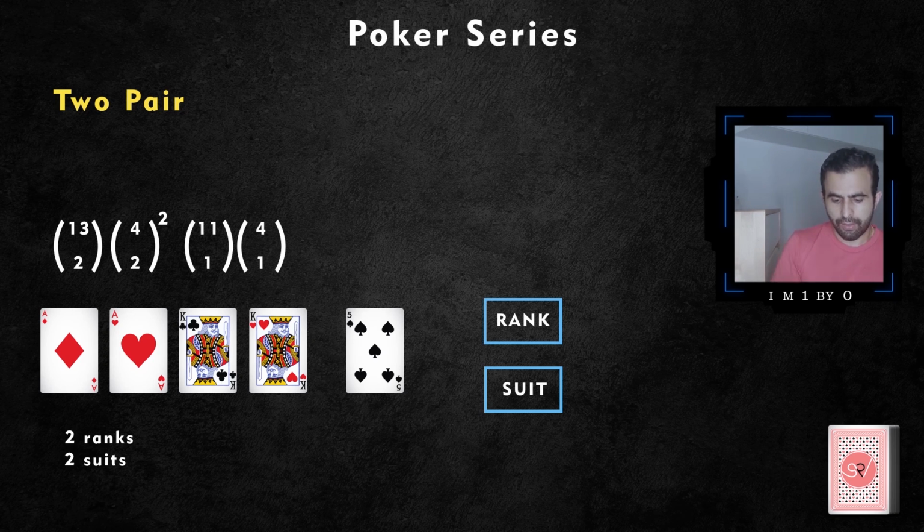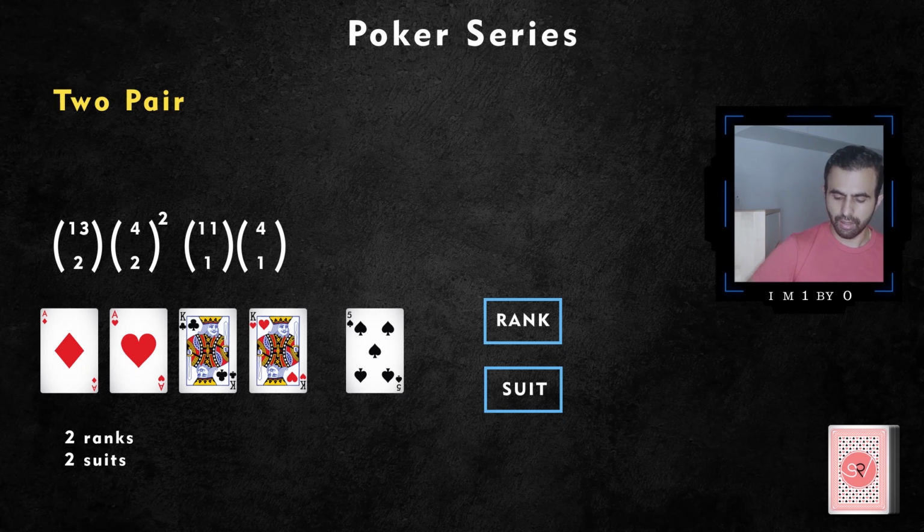When we did the 2 pair, I first picked 2 ranks. That is, out of the 13 ranks, I picked 2 ranks, but I could have picked any of the 2 cards from the 4 suits, right? So you first constrain the rank and then you go to suits. So how many ways are there to count the rank and then the suit? You break that down and you finally get the probability.